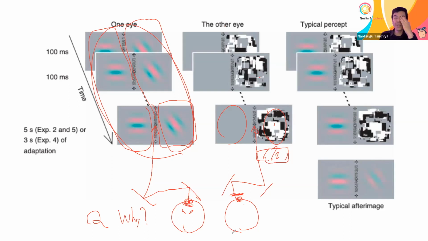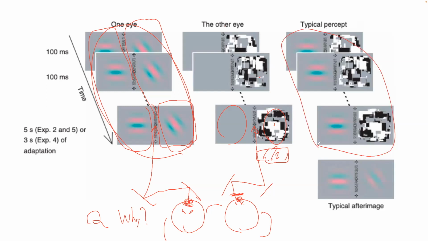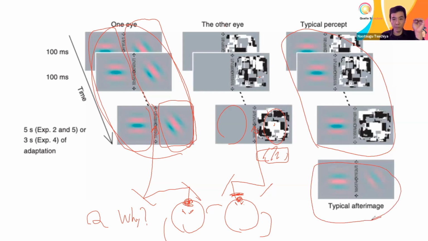And then if you close your left eye, all you see is this flickering thing, and no after image has been generated here and here. But somewhere in the brain, these two are combined, and then you see this phenomenal vision. And that's this.